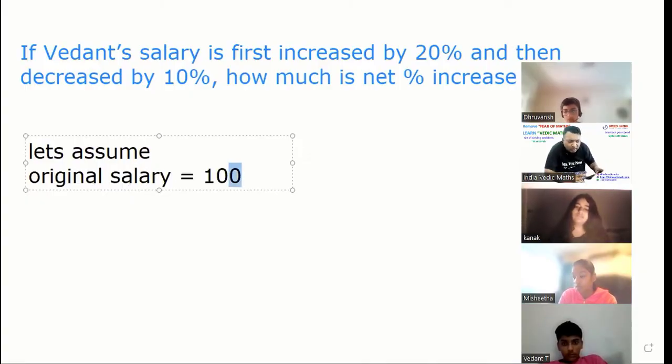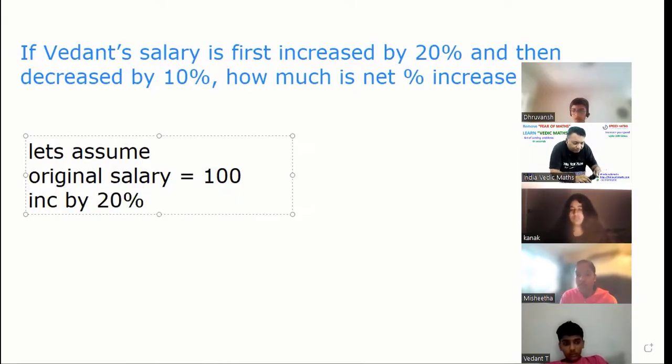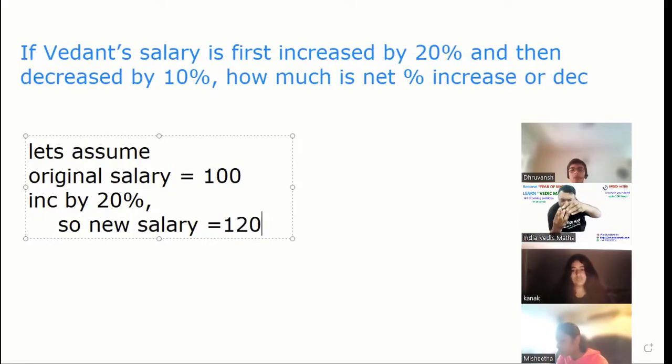It can be $100, $100,000, 100 lakh, it doesn't matter. Now, Mishita, if the salary is increased by 20%, what is 20% of 100? 20. So the new salary will be what? 120. Correct, everybody? 100 is the original, you added 20 more. So 120 is the new salary after the first increase.